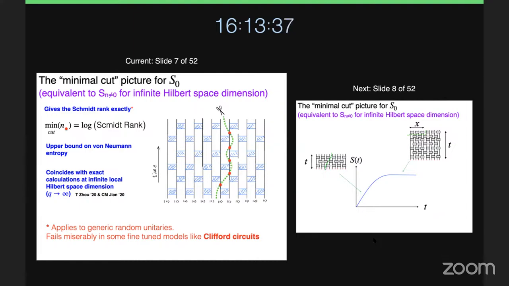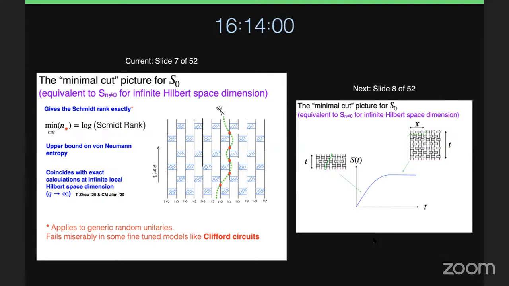And again, this is an upper bound on entropy. I also want to point out that this coincides with some field theories that have been developed for these random unitary circuits, which apply in the limit where you take the local Hilbert space dimension to infinity, and then the fluctuations go to 0, and you get a classical spin model.